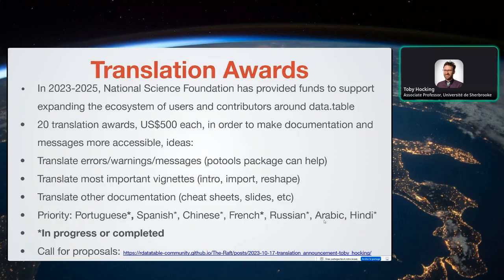If you know any R users or anybody who's skilled at translating technical documentation from English to Arabic, please put them in touch with me. If you participate in a translation project, you're eligible for a $500 award to make the documentation and messages more accessible. We're open to other languages too.